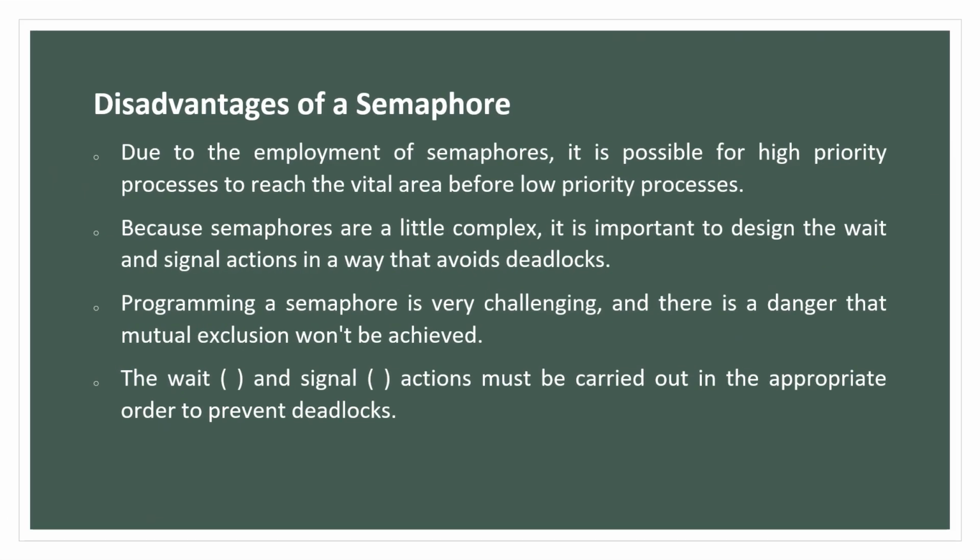Disadvantages of semaphores: due to the use of semaphores, it is possible for a high priority process to reach the vital area before a low priority process. The wait and signal actions must be carried out in the appropriate order.